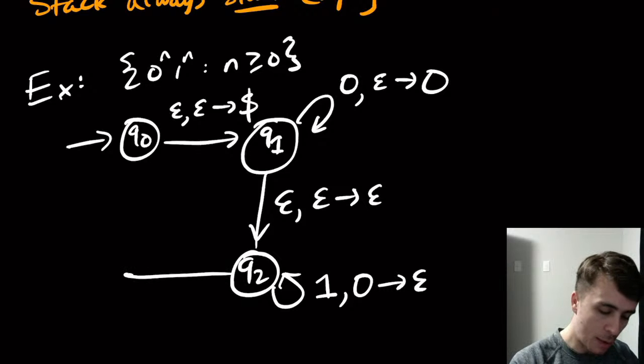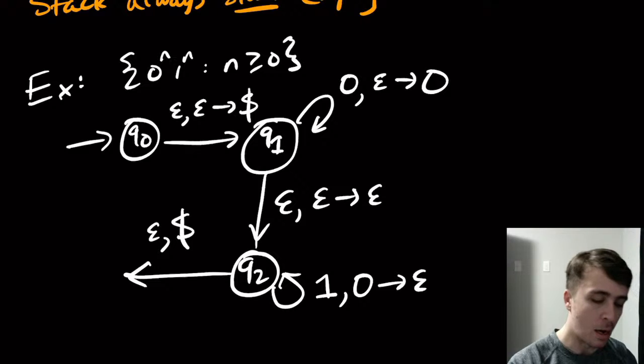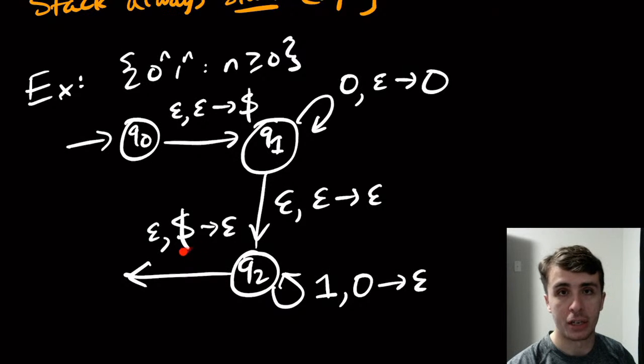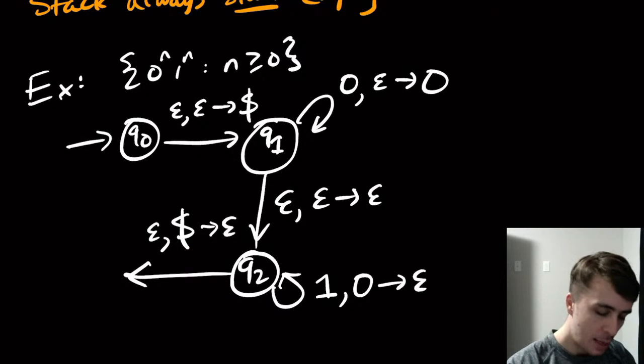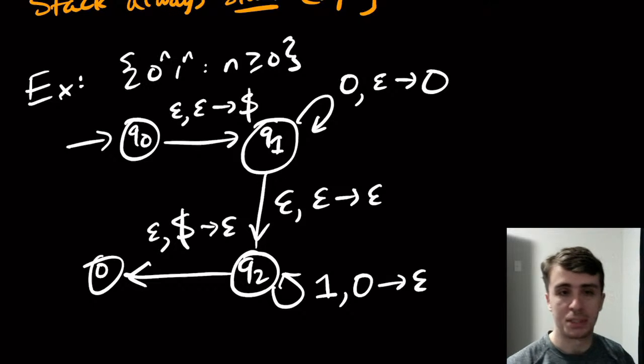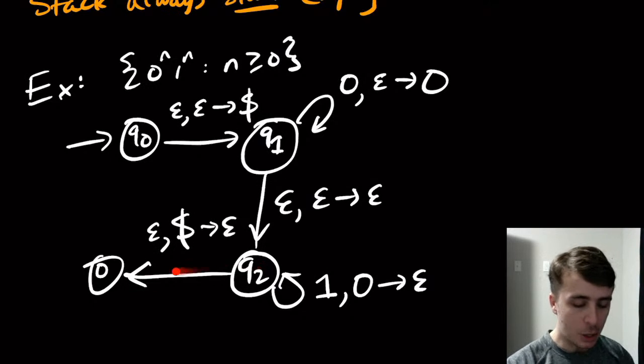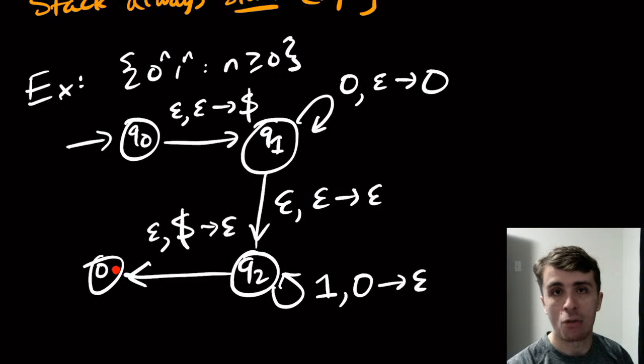So then I'm going to come over here by popping off the $ symbol. The only way I can take this transition is if I see a $ on the top of the stack. And then here I'm going to go to an accept state. And this works because I could theoretically come here without reading the whole string, in the case where I have more zeros than ones.